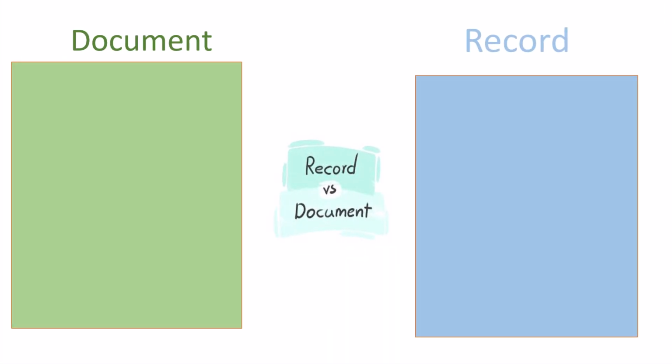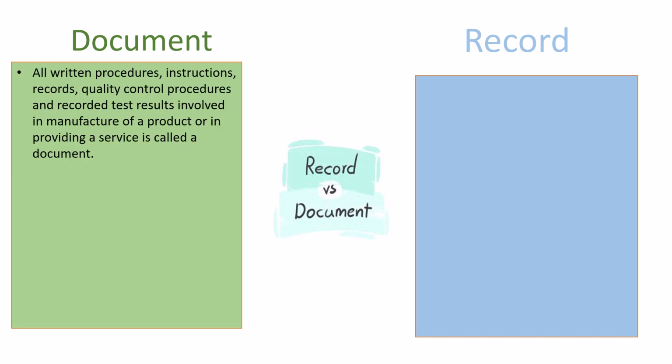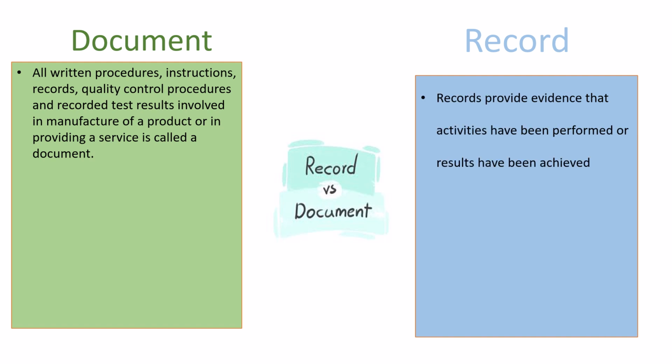Document versus record. A document is all written procedure, instruction, records, quality control procedure, and recorded test result involved in manufacture of a product or in providing a service. Whereas a record provides the evidence that the activity has been performed or result has been achieved.